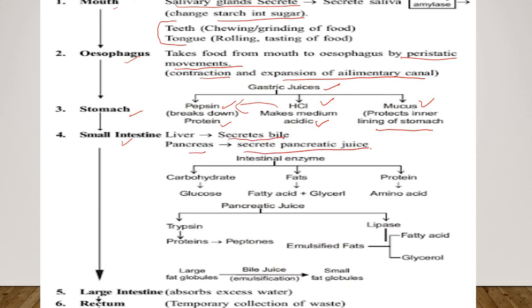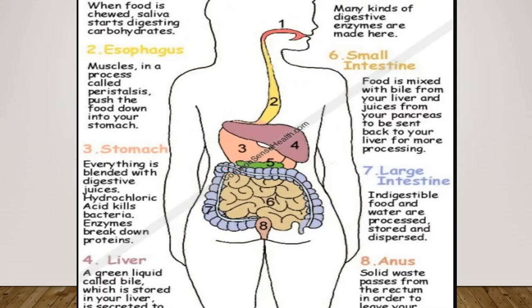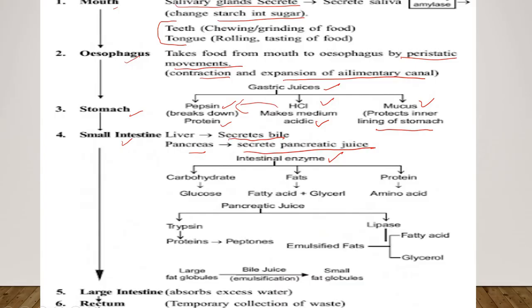The pancreas secretes pancreatic juice. Intestinal enzymes digest carbohydrates into glucose, fats into fatty acids and glycerol, and proteins into amino acids.